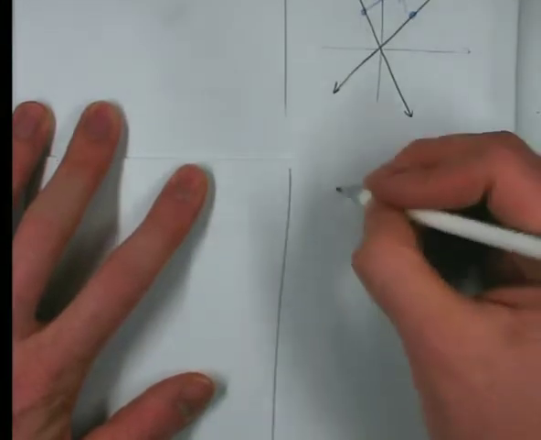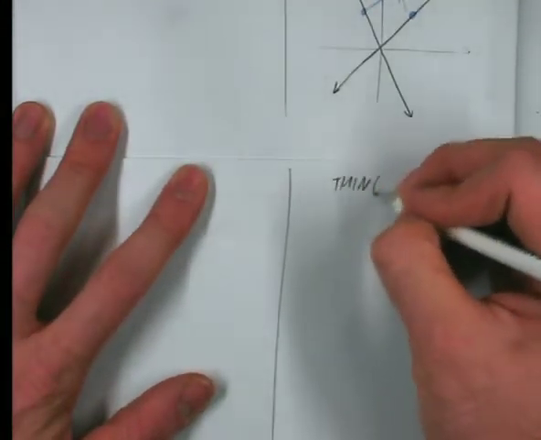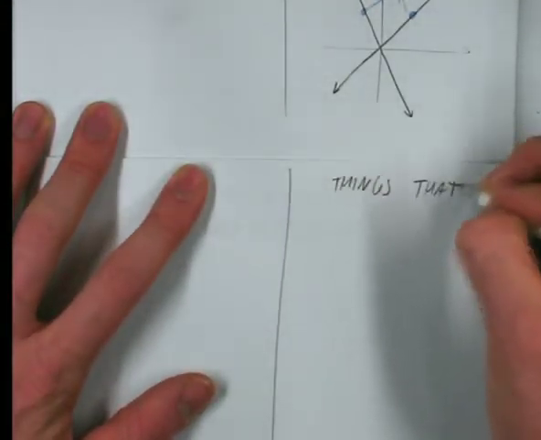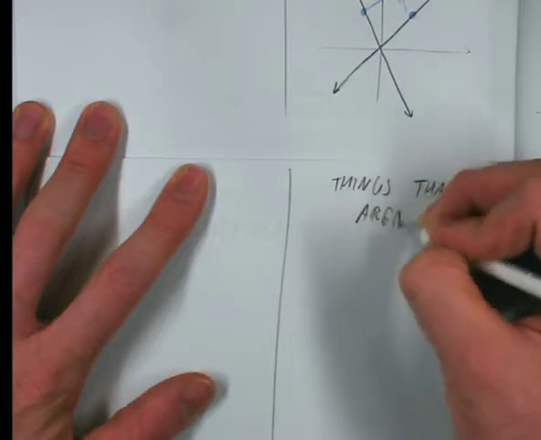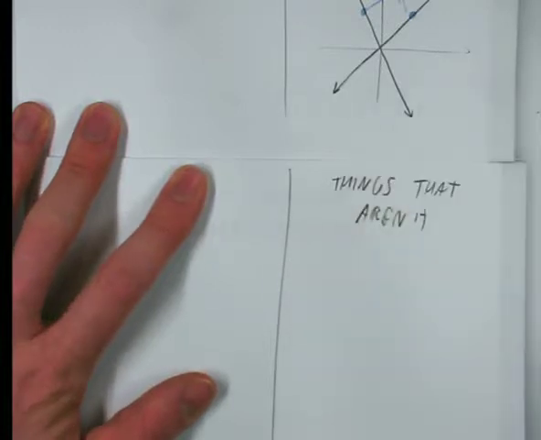continuing my list of things that aren't, lines that go through the origin are subspaces. Any line that doesn't go through the origin is not a subspace.